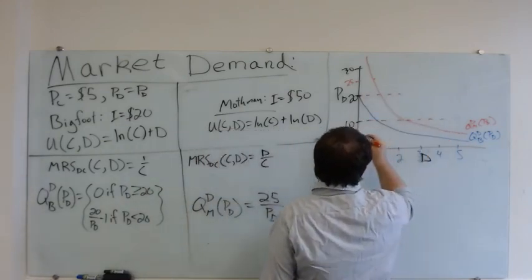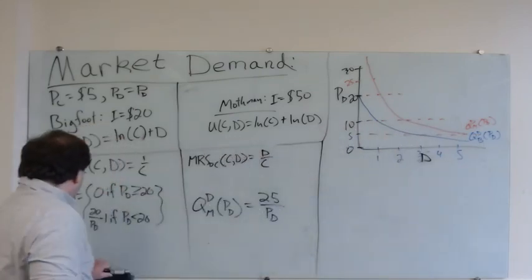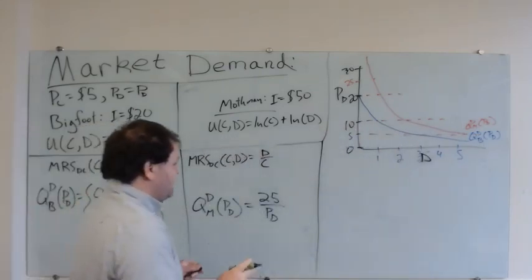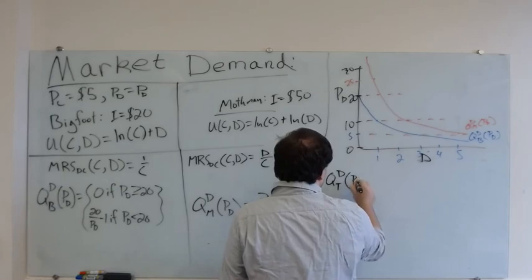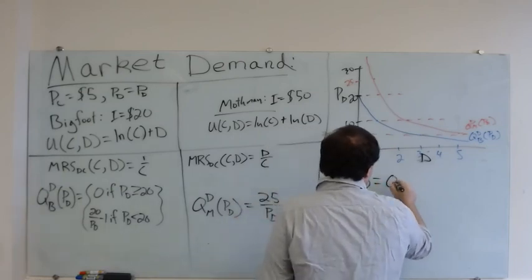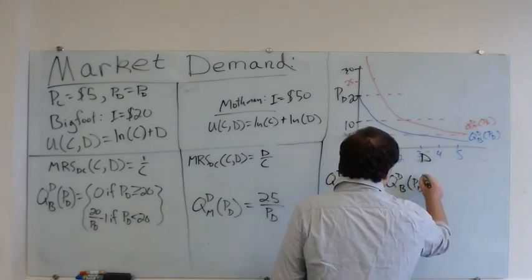How we're going to do that is we're going to sum up these two functions horizontally. So we'll say our total demand as a function of the price of a Dali is just going to be our demand for Bigfoot plus our demand for Mothman.